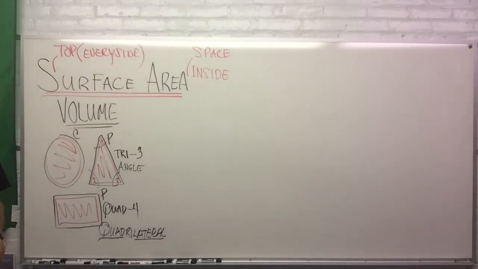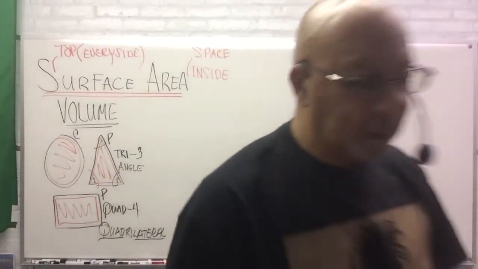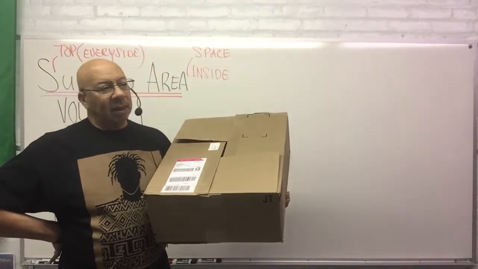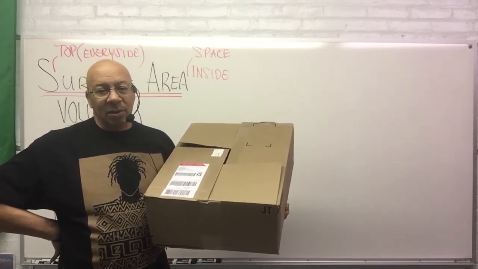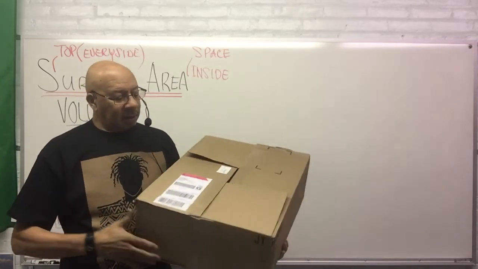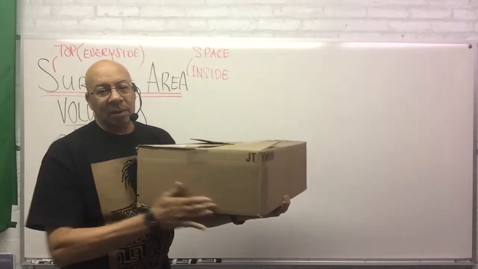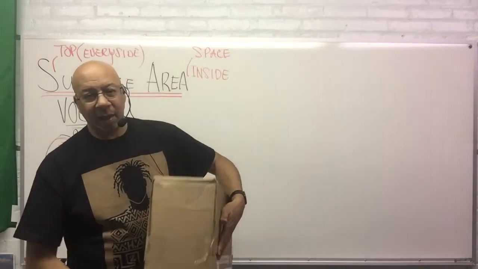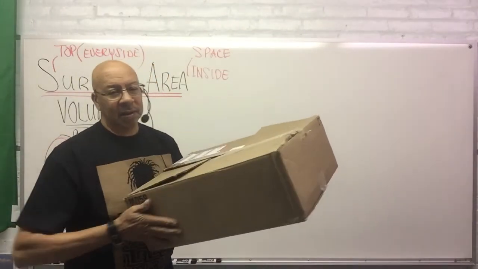So let's take an actual example. What if we had this box? The problem stated on Study Island or tests we make up will say, find the surface area of this box. So what we're talking about is all of the area of this space where I'm rubbing, this side, this side, the bottom, and finally this side.